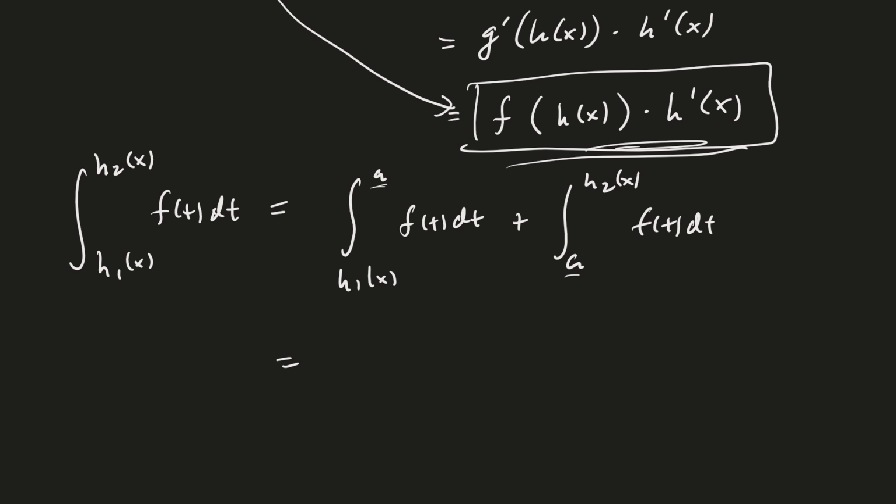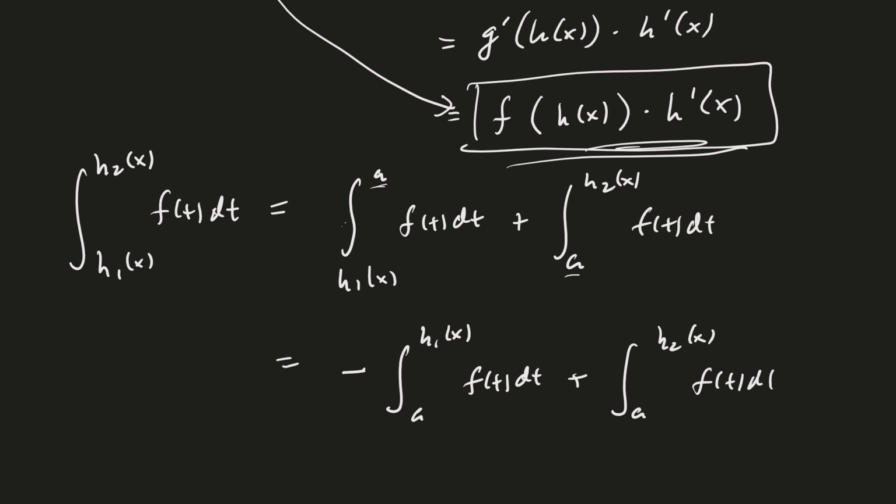You can break it apart with that value a there. And so furthermore, what we learned is you could also flip the bounds on this. So this is going to be minus the integral from a to h1 of f of t dt, plus the integral from a to h2 of f of t dt.